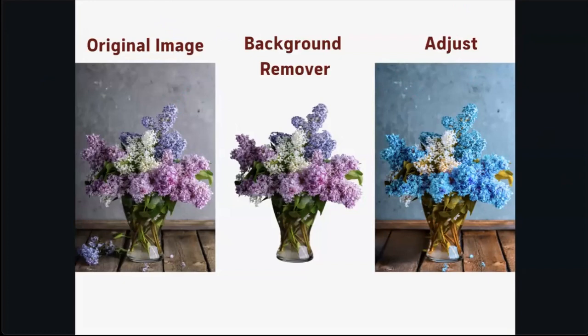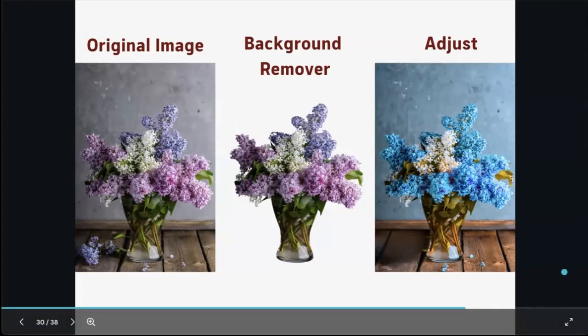Again, it's AI, so I would say out of all their AI tools, this is the one that's the most robust and works the best. Sometimes it's not that great, but it allows you to then, with a brush, go in and erase or add in. So that's really helpful.